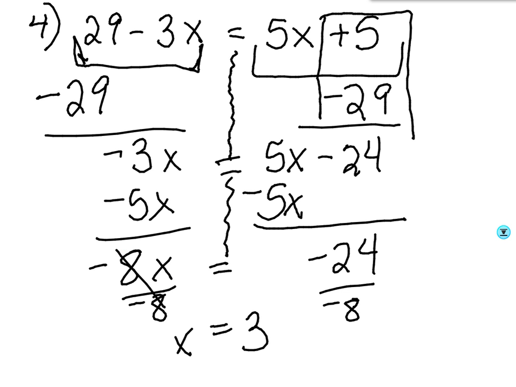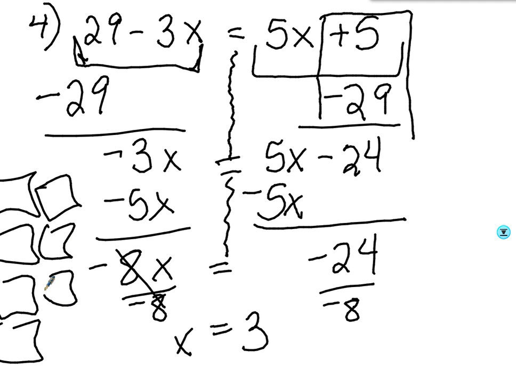You're dividing the 24 among these 8 boxes over here to find out how much each box is worth. Don't subtract negative 24 and 8. That's division.